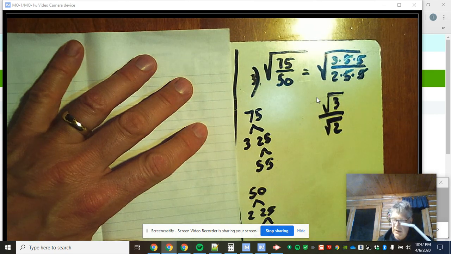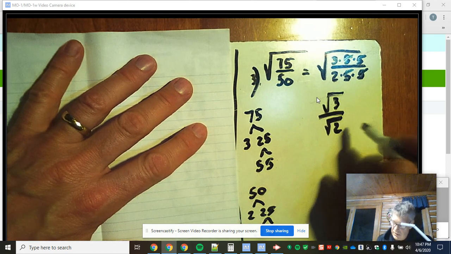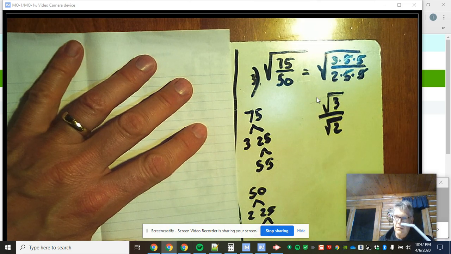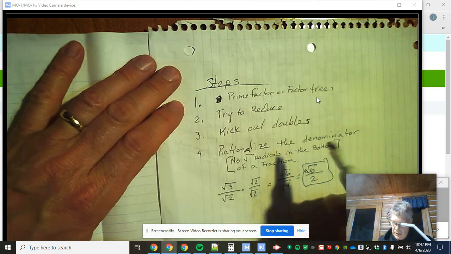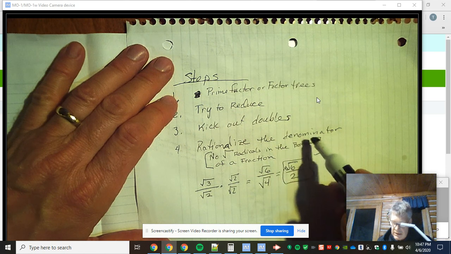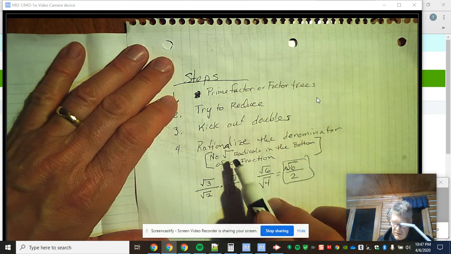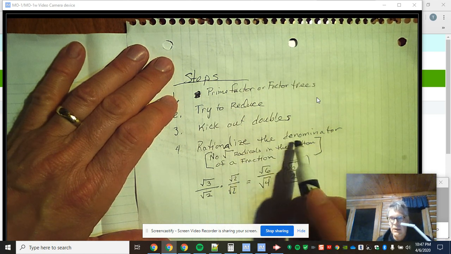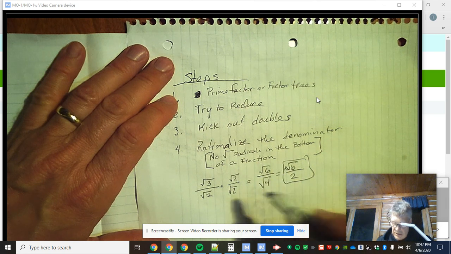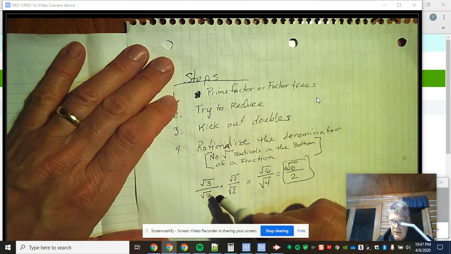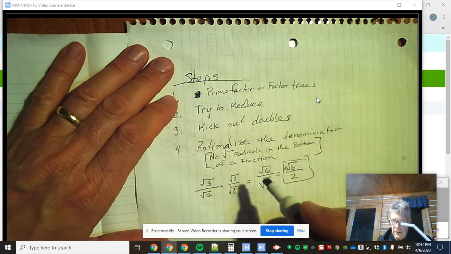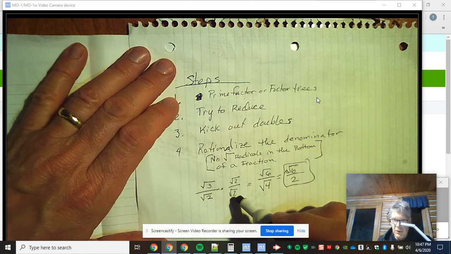Are there any doubles to kick out? No. So now I'm going to do the last step, which is rationalizing the denominator. Sounds big, but basically you can't have radicals in the bottom of a fraction. So if I take the square root of 3 over the square root of 2, whatever the bottom is, I'm going to multiply top and bottom by whatever this bottom is. In this case, it's the square root of 2.